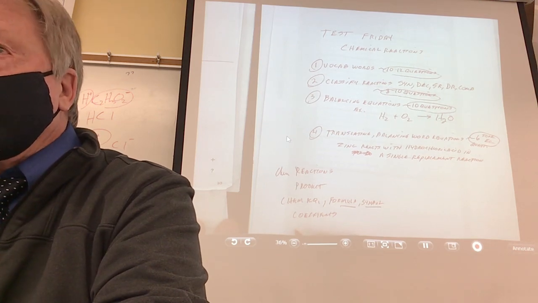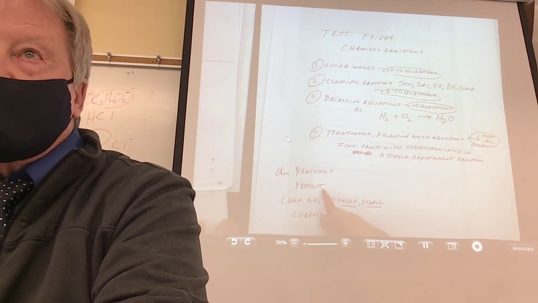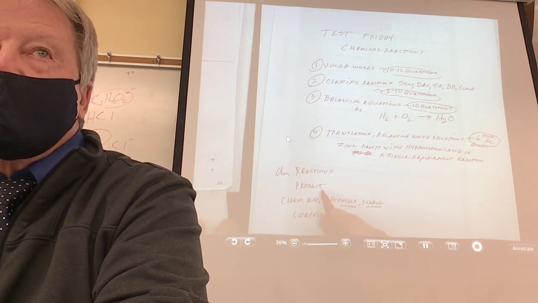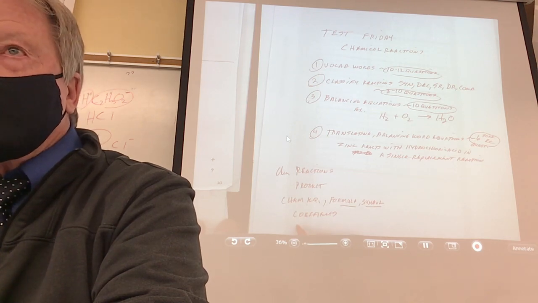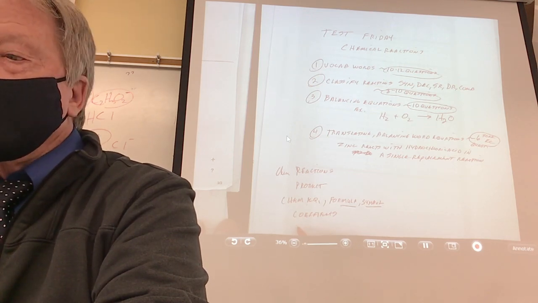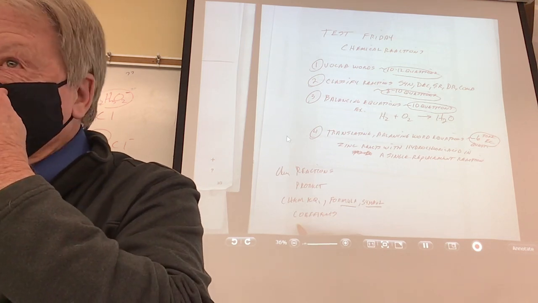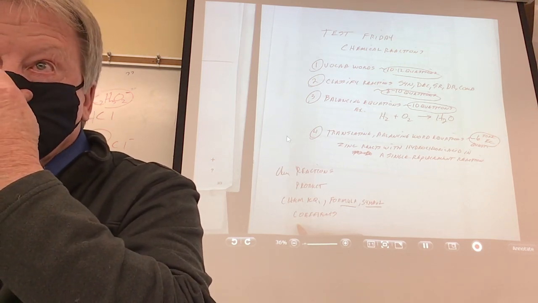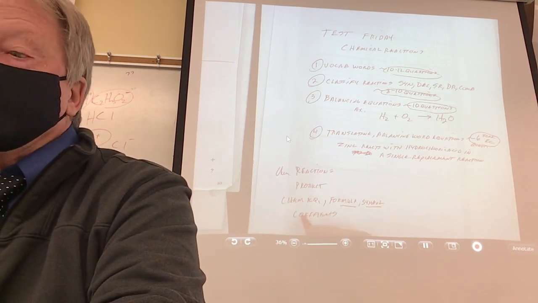Do you have your packet with you? Yeah, I think I got it. There's one that goes along with products. Products are found on the right-hand side of the arrow. What do you find on the left side? Or do you have another vocabulary word?